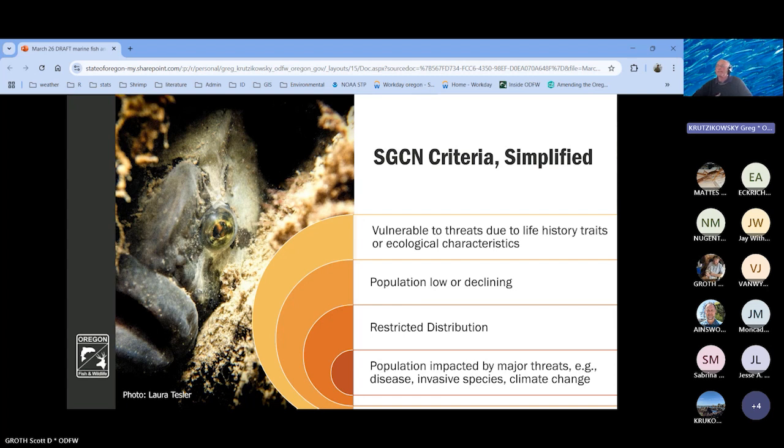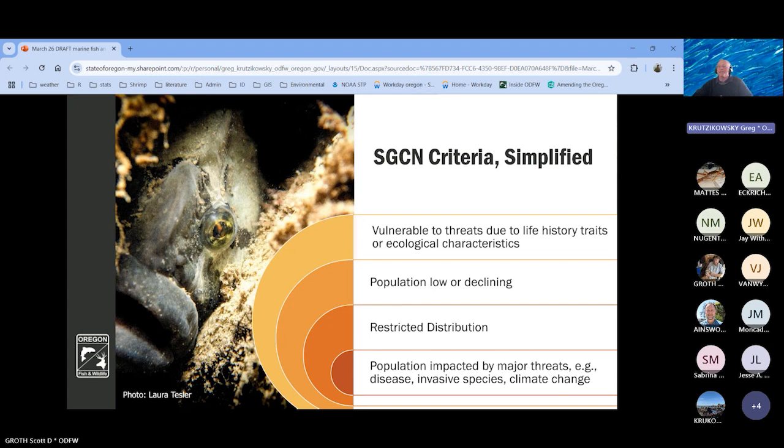The criteria are intended to identify species that are most at risk in Oregon and for which timely implementation of conservation measures to address existing or potential threats is needed for delisting or to prevent them from declining to the point of qualifying as threatened or endangered.